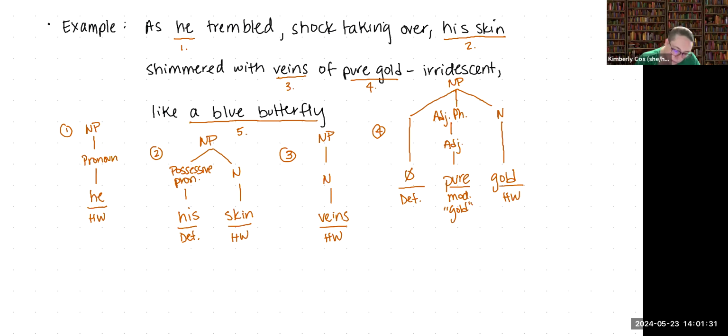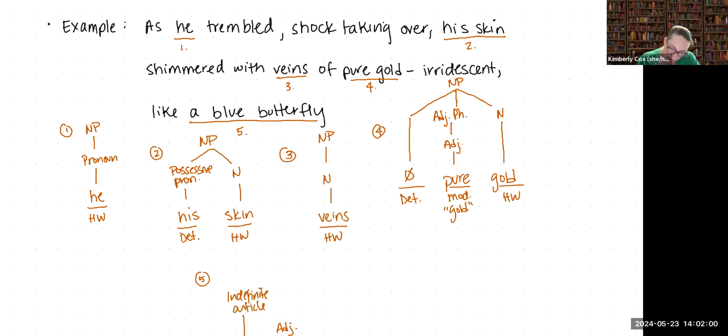A blue butterfly, right? We have an adjective here. A is an indefinite article.